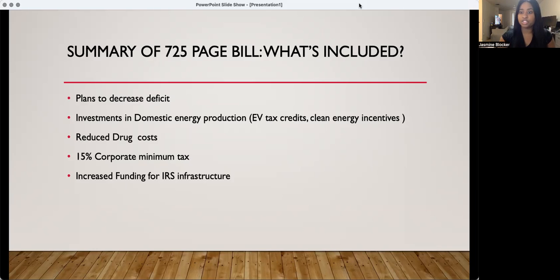We're going to see reduced drug costs under the Affordable Prescription Care Act. And we're going to talk a little bit about the 15% corporate minimum tax, as well as increased funding for IRS infrastructure and what that means for the middle class and the tax brackets that this is going to impact the most.